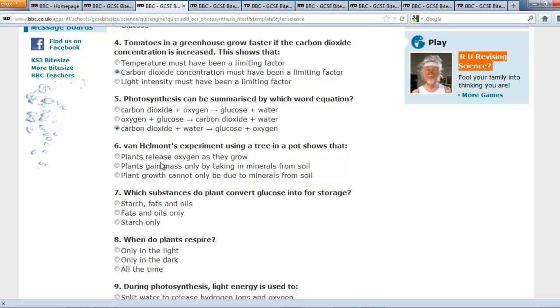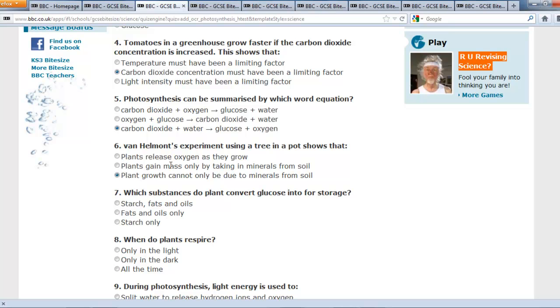Van Helmont's experiment using a tree in a pot shows that plants' growth cannot be only due to minerals from the soil.